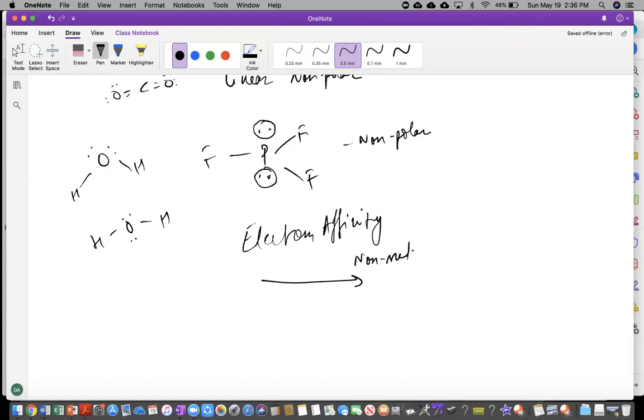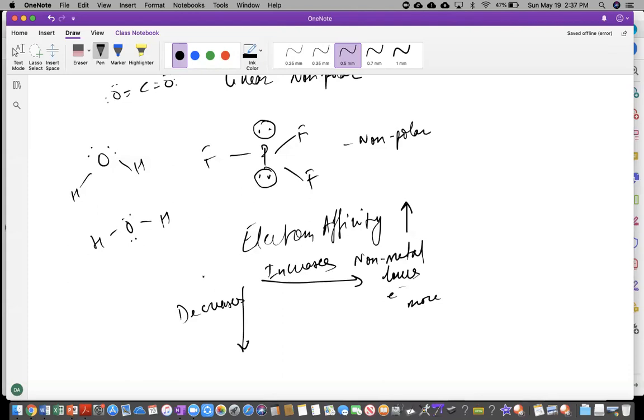They love their electrons more, so they have more affinity. So your electron affinity goes up when you go from left to right, and when you go down, electron affinity decreases. You don't have to think about anything else. If you go from left to right, electron affinity goes up. If you go from top to bottom, it goes down.